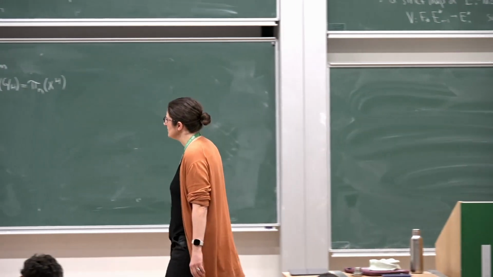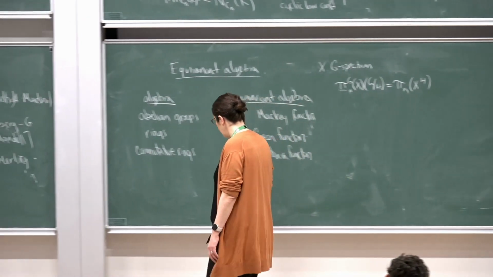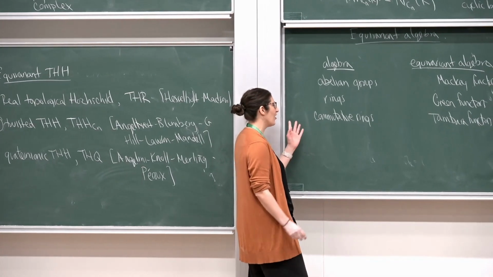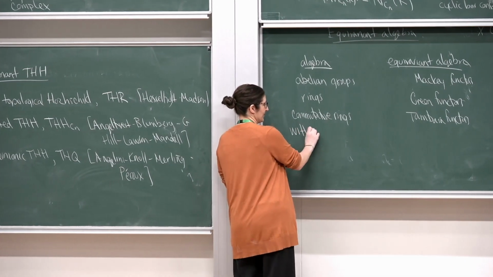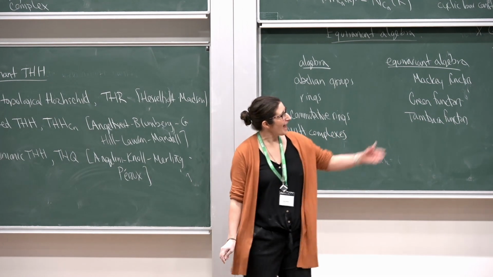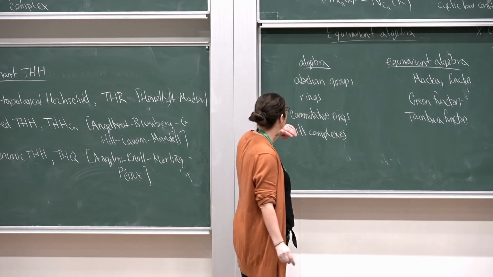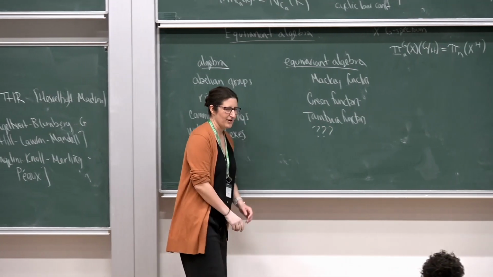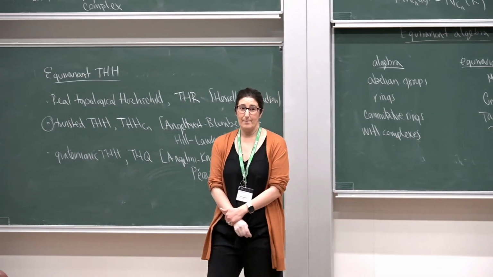Okay, so this is our dictionary as we have it so far, and what do I want to do? Well, I want to make a big jump from commutative rings all the way to Witt complexes. So I want to generalize that to the equivariant setting, and we might wonder what we put here. And then you think, oh, that seems ambitious, right?